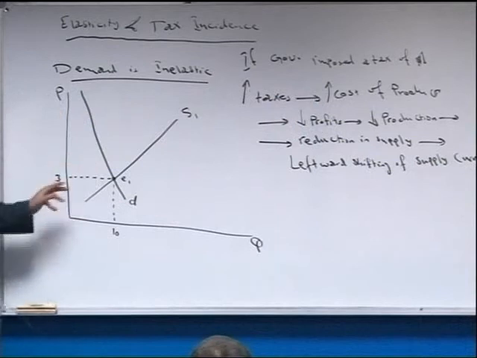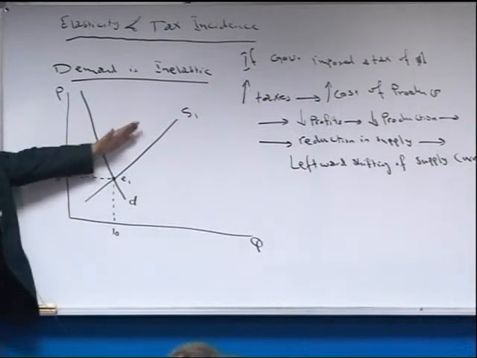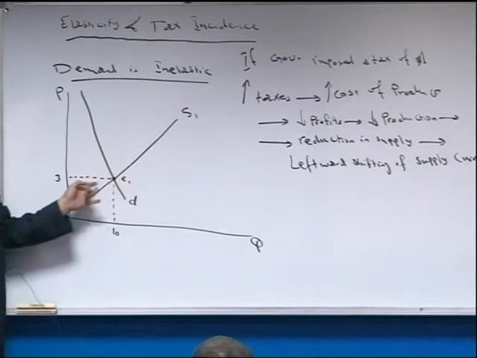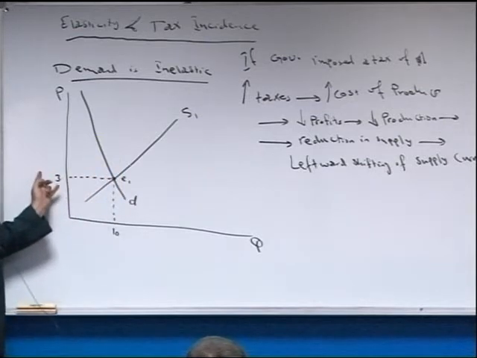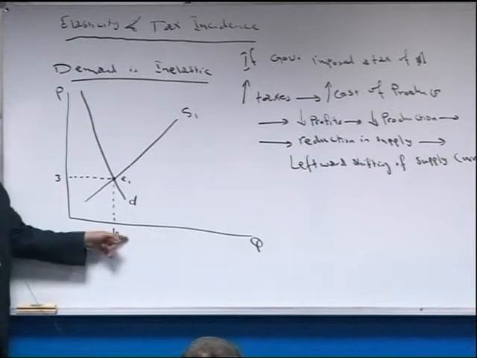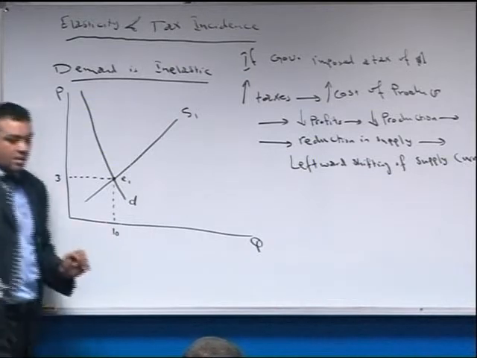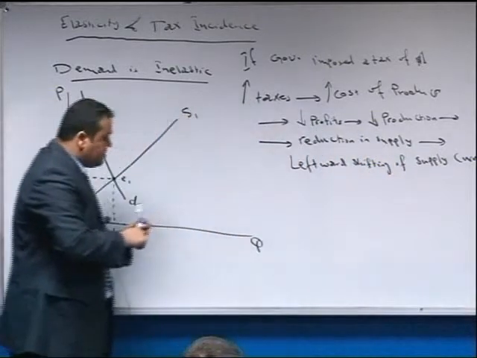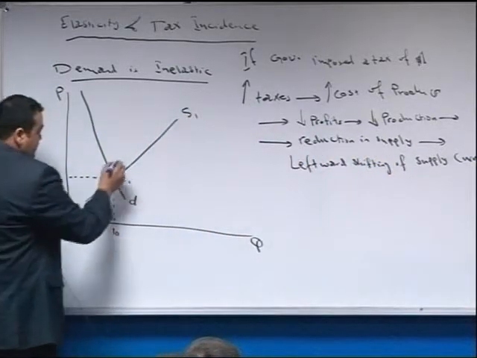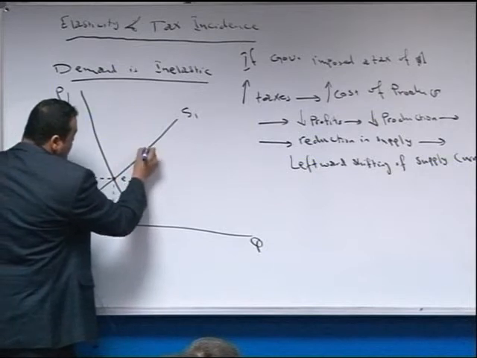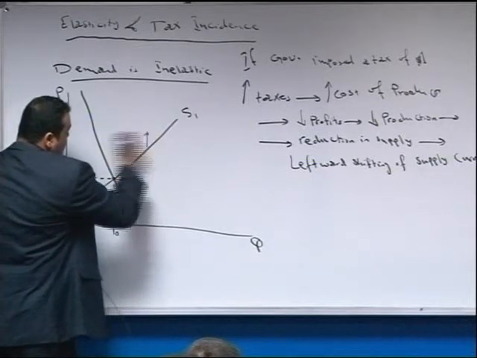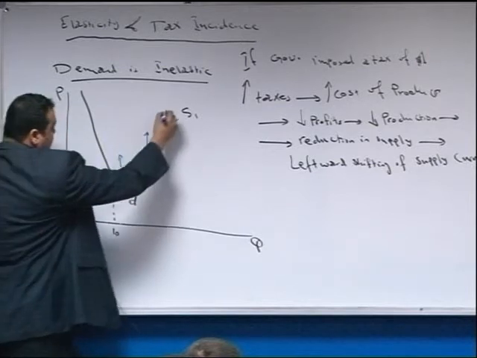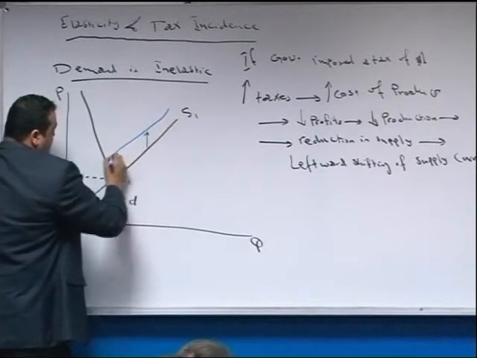So in this case, suppose that the equilibrium quantile price is E1, so the price is 3. The equilibrium price is 3. The equilibrium quantity is 10. If the government imposed a tax of $1, there is a leftward shifting of the supply curve.